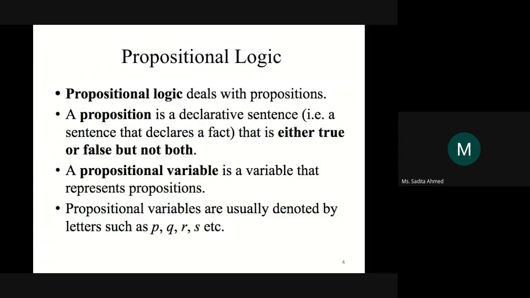That is not a proposition anymore, all right? Is it raining will have an answer, obviously, either yes or no, but it's not a declarative sentence anymore. It's not a statement anymore. So it's not a proposition. A question is not a proposition. It's not a statement. It's not a declarative sentence, all right?